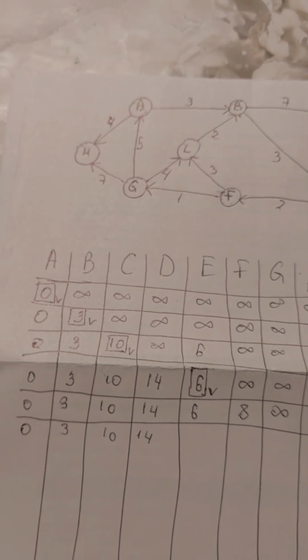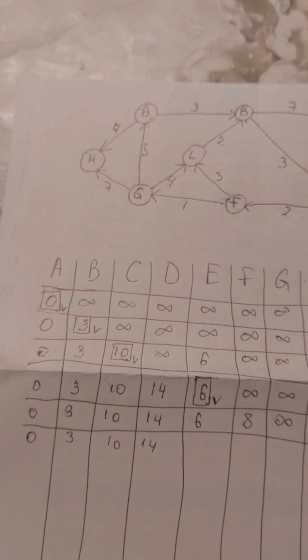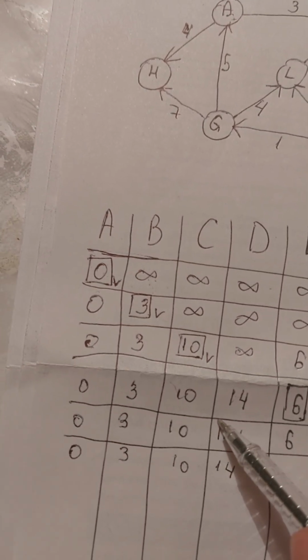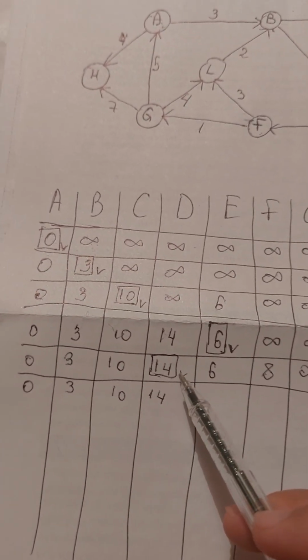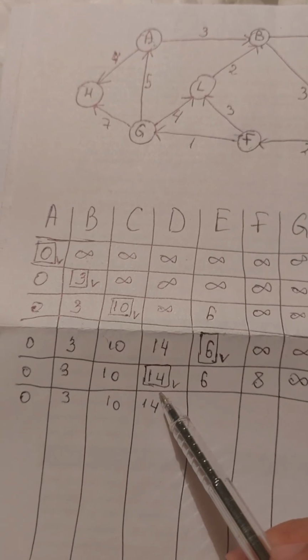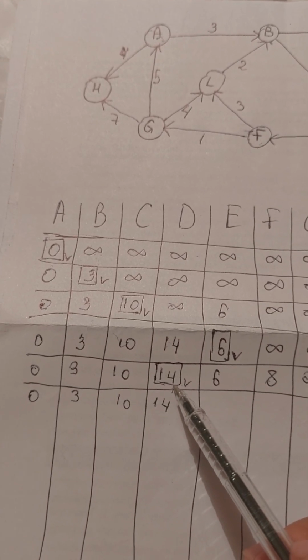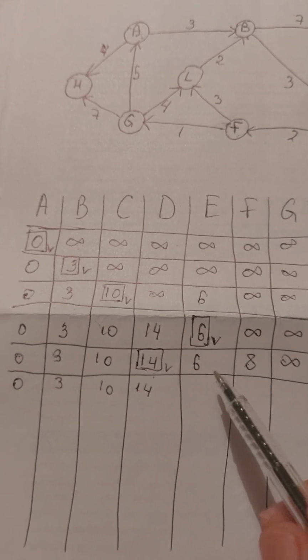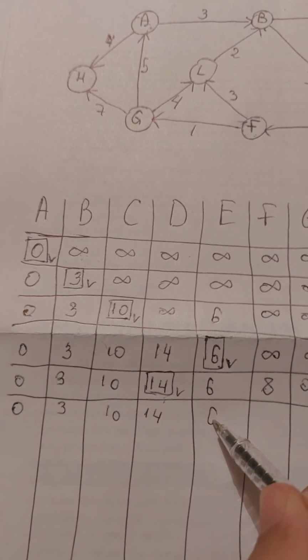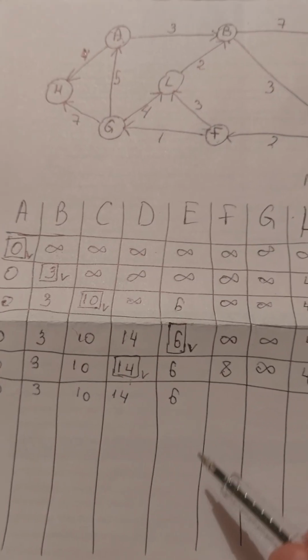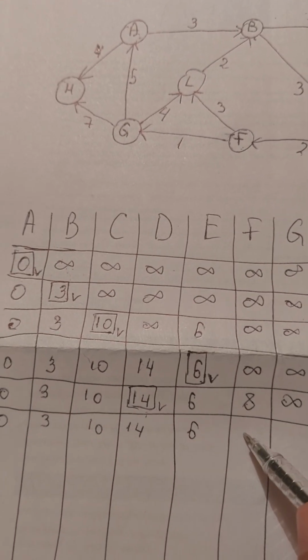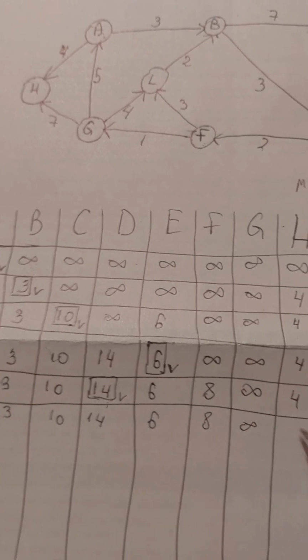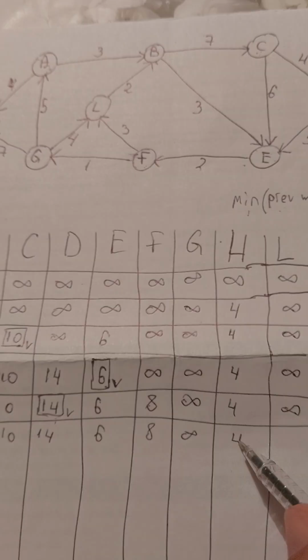The previous one is 14. 14 plus 5 is 19, but 19 is more than 6, so we have to find the minimum one. The minimum one is 6. To F we don't have a path, so we keep here 8, infinite, 4, infinite.